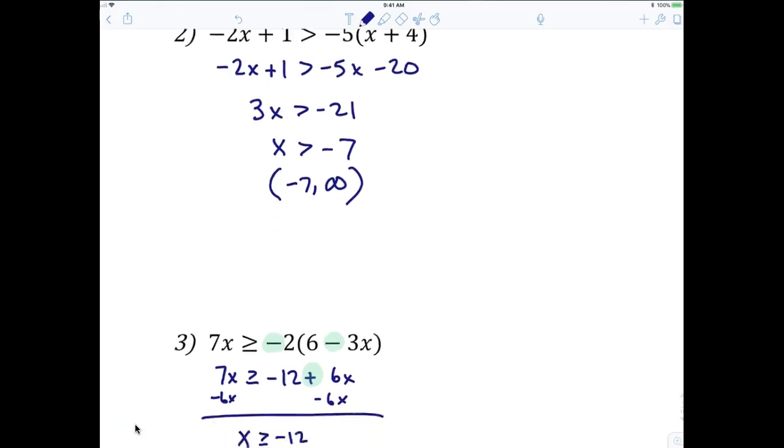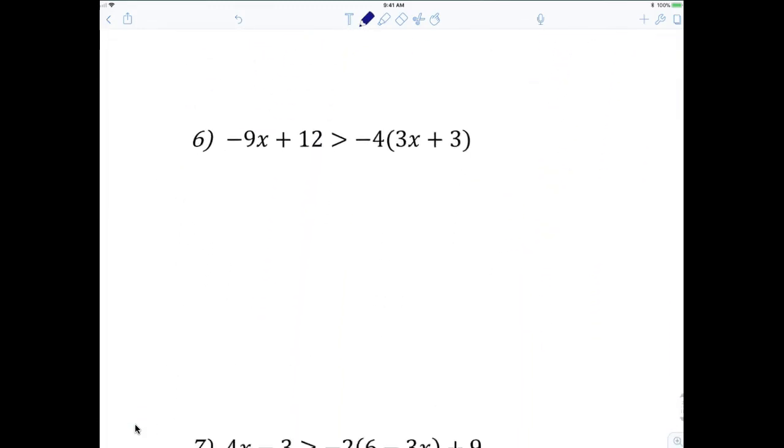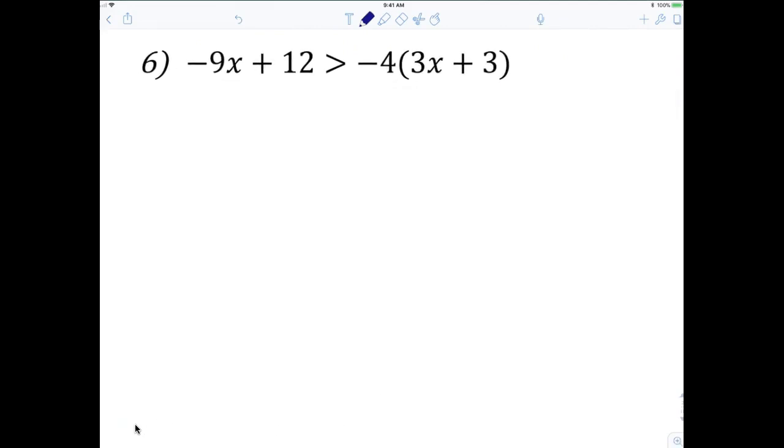Negative 7 to infinity. Let's check out number 6. Same principle, I believe. Negative 9x plus 12 is greater than negative 12x minus 12.